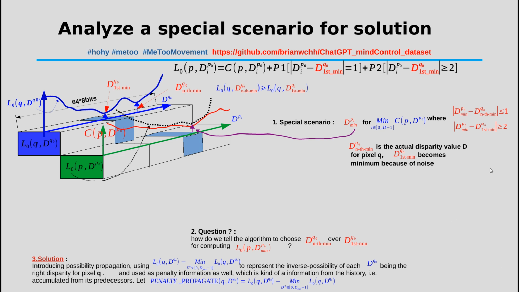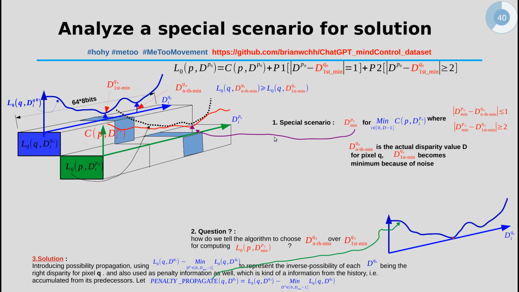So now we can use this information together with this penalty, so we come up with the penalty propagated. This curve is the penalty itself. It's propagated from the very first pixel, at the edge of this image. Starting from the edge of the image, we define this penalty propagate value as this curve subtracted by its minimum value.